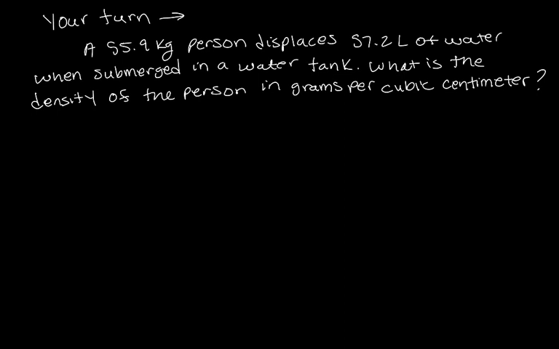So let's write our given. Our mass is 55.9 kilograms. Our volume is 57.2 liters. And so what is the density in grams per cubic centimeter?